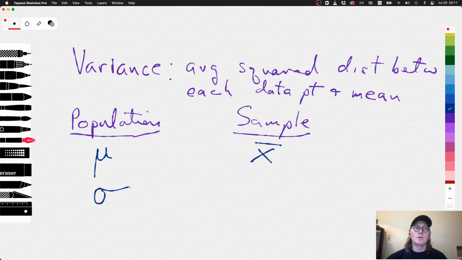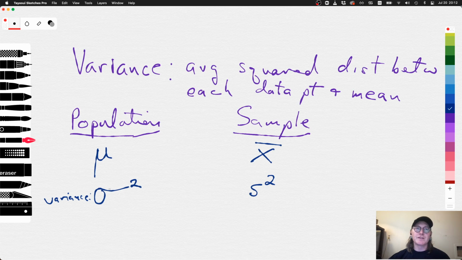So this is sigma, and the variance is represented by sigma squared. Okay, sigma squared. The variance of a sample is going to be represented by s squared.